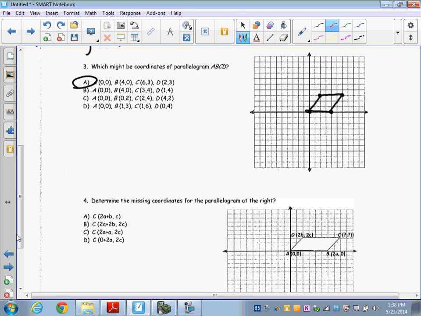If I use the other colors, so if I have B: 3, 4, and 1, 4, I see that that shape's definitely not a parallelogram. It's actually an isosceles trapezoid. We use green for C. So there's 0, 2, 2, 4, and 4, 2.